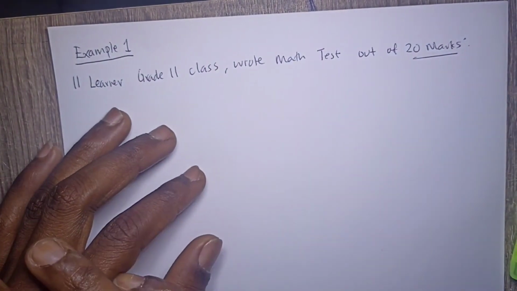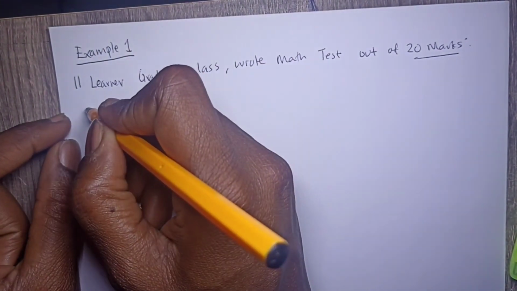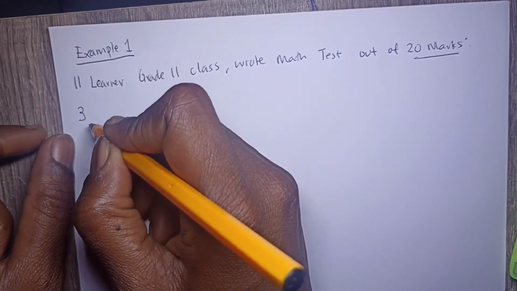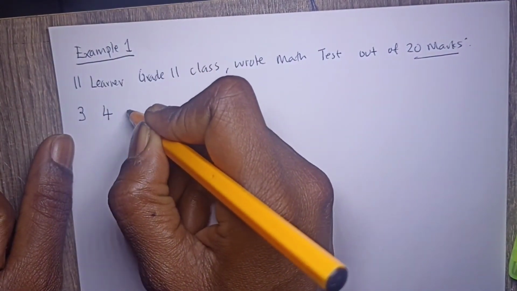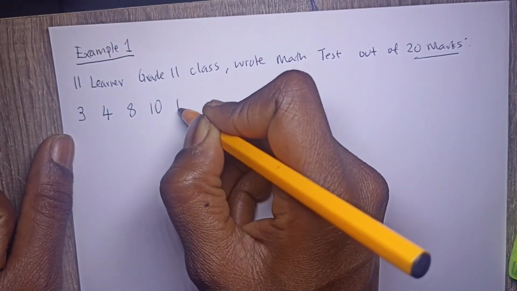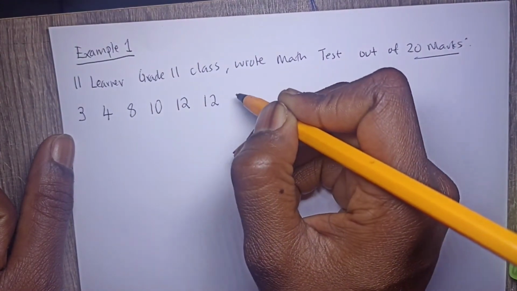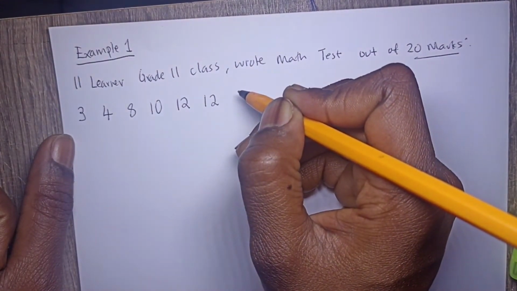Not bad, right? So the following are their marks, how much they got. The first person got 3. The other person got 4. The other person got 8. The other person got 10, and the other person got 12. Another person got 12 again.